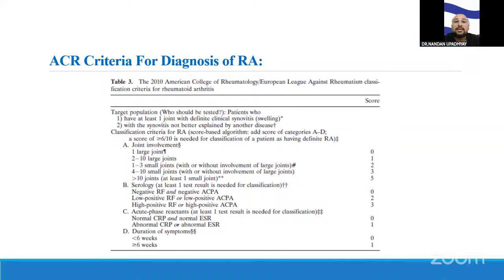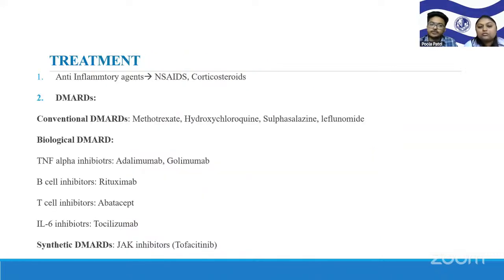Okay. Then different pharmacological modalities to treat rheumatoid arthritis. Yes, sir. First of all, I would like to start this patient on anti-inflammatory agents like non-steroidal anti-inflammatory drugs and corticosteroids, sir. Then disease-modifying agents for rheumatoid arthritis, sir.